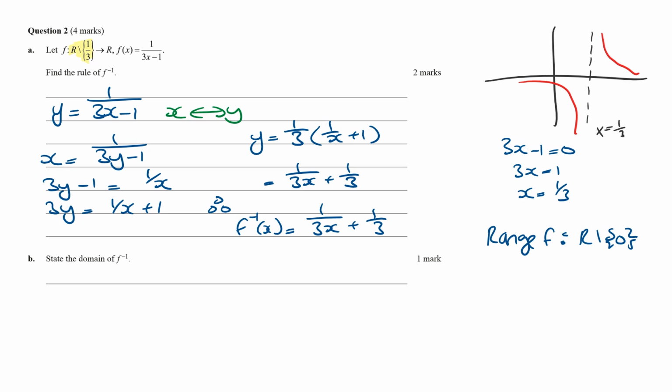That's because we have a horizontal asymptote at the line y is equal to 0. And therefore, the domain of f inverse is going to be all real numbers except for 0.